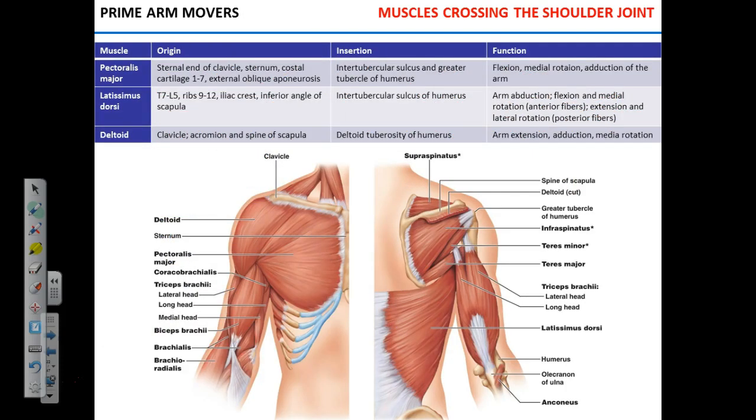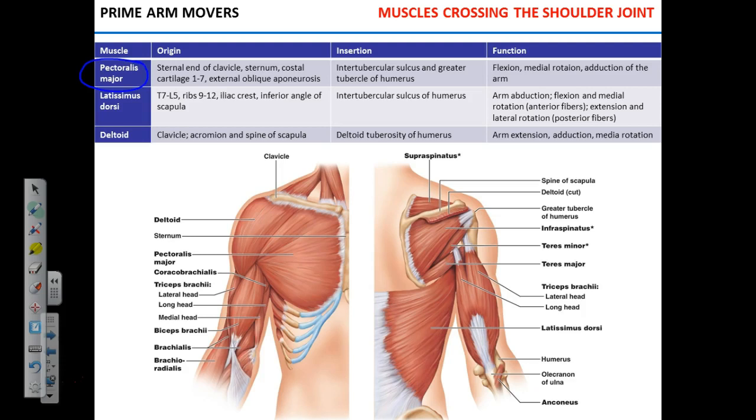Now, these muscles, pectoralis major, latissimus dorsi, and deltoid, are the prime movers of the arm. They're responsible for the flexion, abduction, and extension in the shoulder joint.